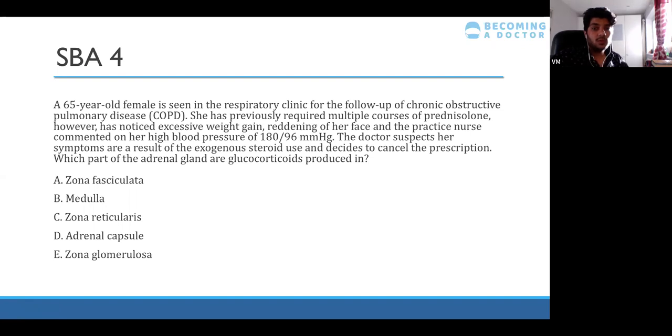What causes, what layer? Okay, the majority of you voted now. Yeah, well done. It is the Zona Fasciculata. Very good.